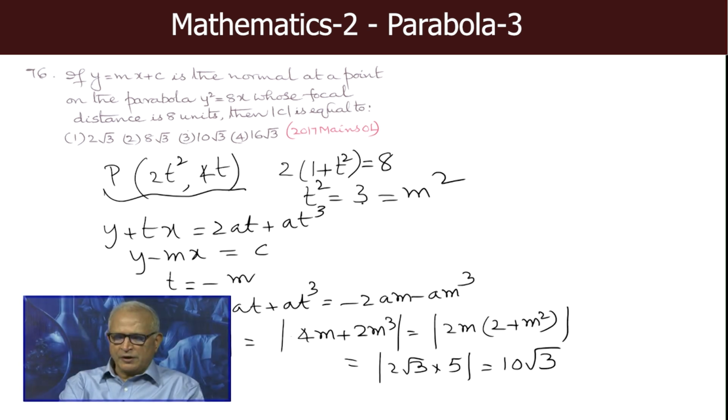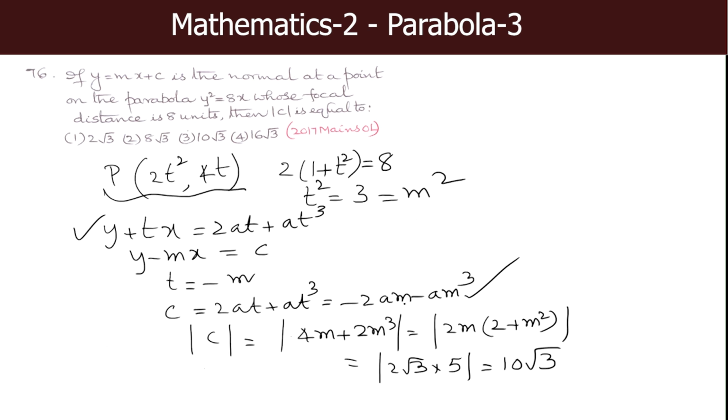But because this is the normal to the parabola at t, its equation is y plus tx equal to 2at plus at cubed. But this is same as the given straight line y equal to mx plus c, provided t equal to minus m, and c equal to the right hand side 2at plus at cubed when t equal to minus m, that is minus 2a minus am cubed. So, mod c, a is 2 here.